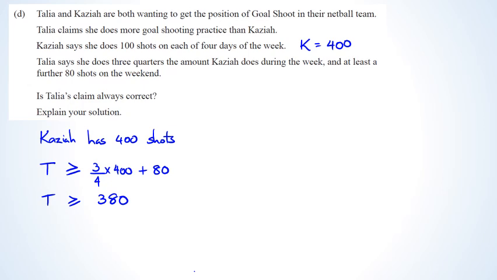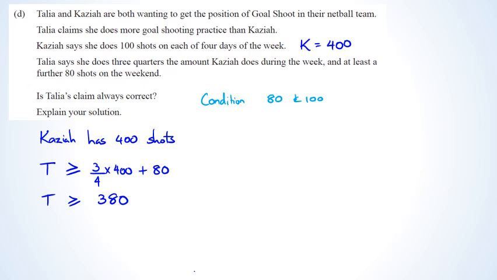All right, now there are going to be 3 situations that happen. The first situation is that she's already under, because Kazaya actually shoots 400. For her to get to 400, she needs to be doing between 80 and 100 shots in the weekend.